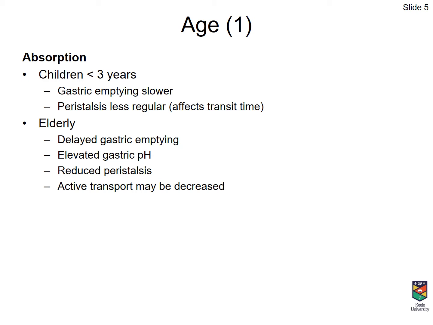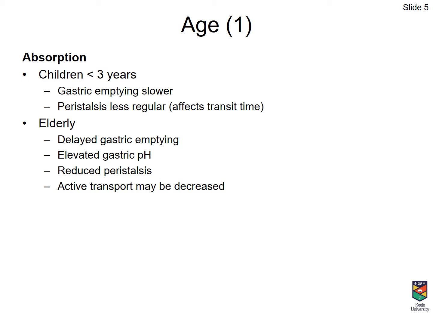There are a number of factors that affect this. One is that gastric emptying tends to be slower. That would actually tend to delay drug absorption, but weighed against that, peristalsis can be less regular, and that would tend to increase the transit time and give a greater opportunity for drug absorption. And lastly, gastric acid secretion in the first 3 years of life is less than we see in adults, and that may also affect drug absorption.